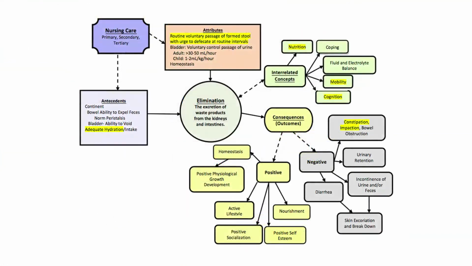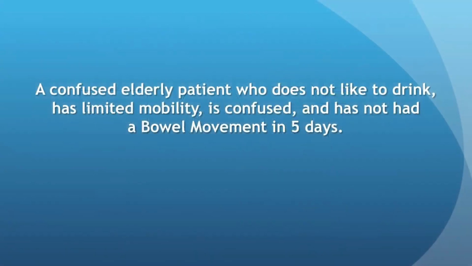Now we'll go to another patient, and again the identical diagram is used, and what you will notice is that this patient has a totally different and yet the same problem. And this time we're talking about a confused elderly patient who does not like to drink, has limited mobility, is confused, and has not had a bowel movement in 5 days.